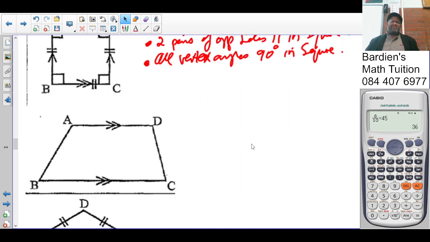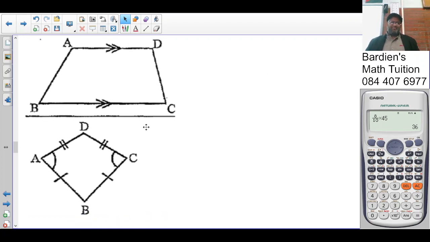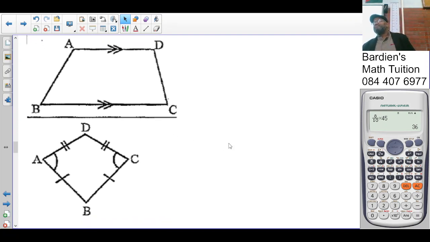Right, let's look at the next shape quickly. The next one is a trapezoid, or trapezium. What are the properties of a trapezium? There's only one. One pair of opposite sides parallel in a trapezium. That's the only one. You can write that one down.